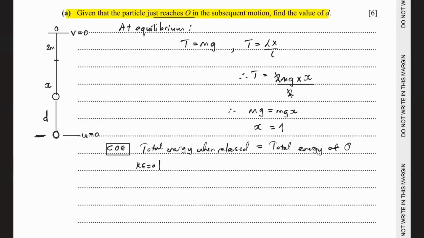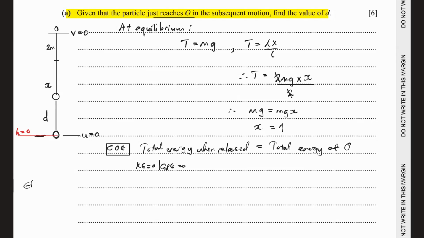And we're also going to take this level to be h equals 0. So it means, therefore, that the gravitational potential energy is also 0. So what remains is the extension, so the elastic potential energy, which we will calculate.